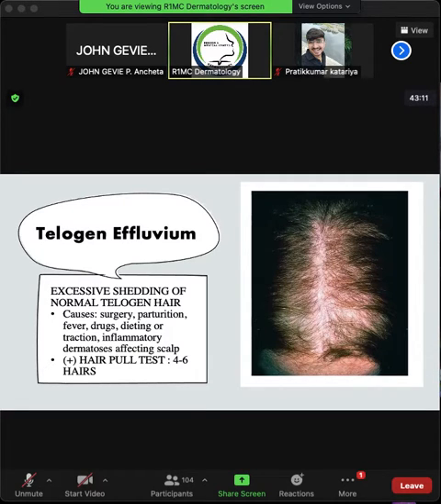It is important that you consider months of history and predisposing factors or triggers before the onset of your telogen effluvium. Your telogen shed may be estimated by your pull test.